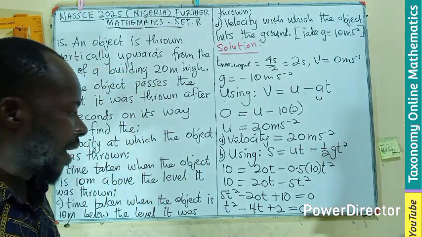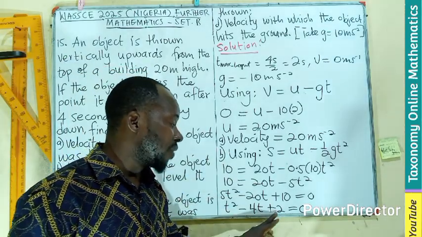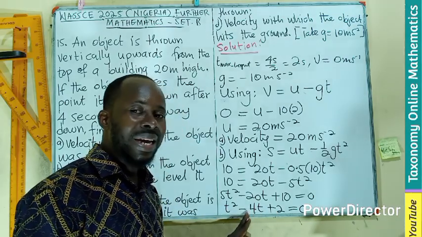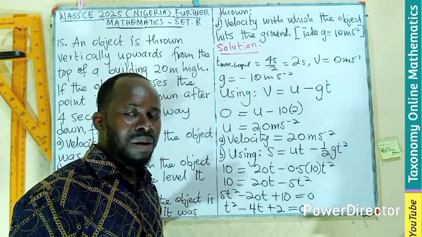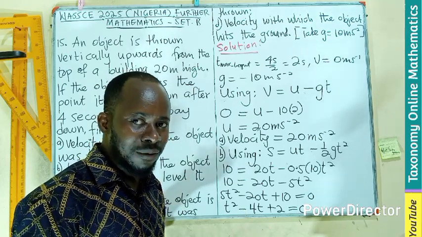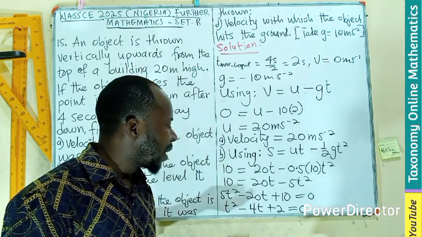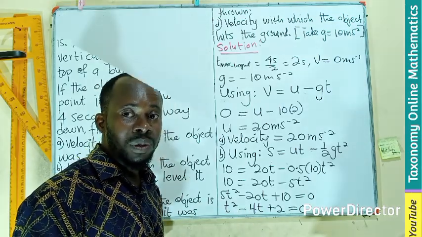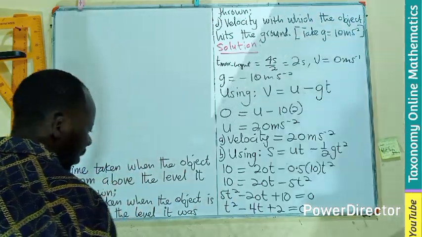You can see here by factorization, we need factors of positive 2. When we add, we are going to get negative 4. Those two factors must be negative. So it means negative 1, negative 2. That's the only factor we have. It cannot give us this. So we need to use the quadratic formula to find the value of t. So from here, we are looking for t.